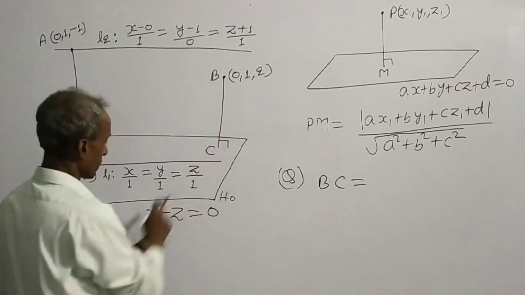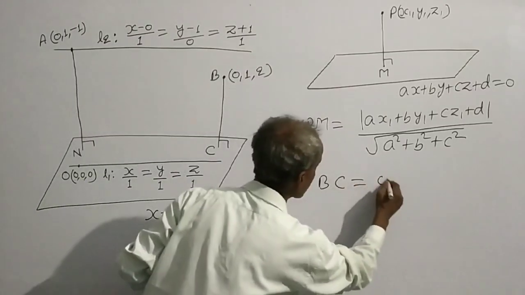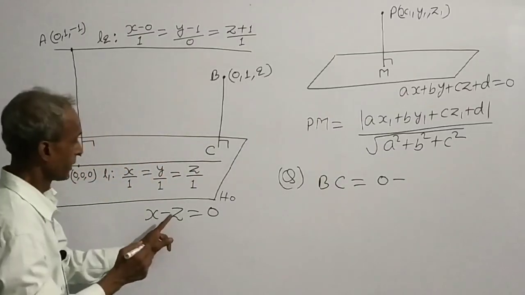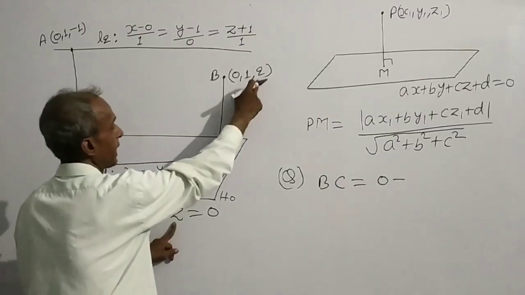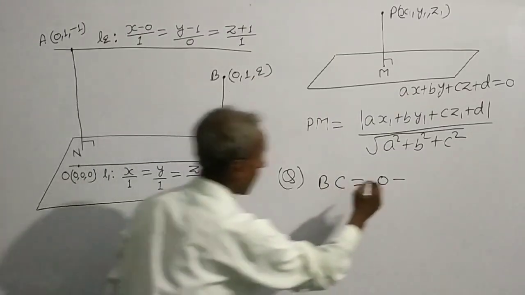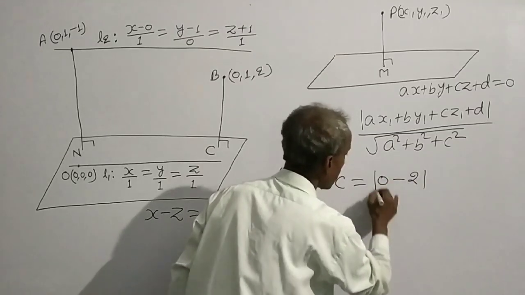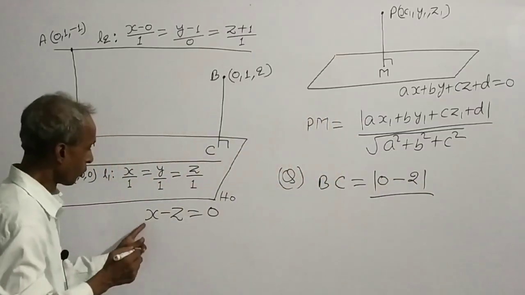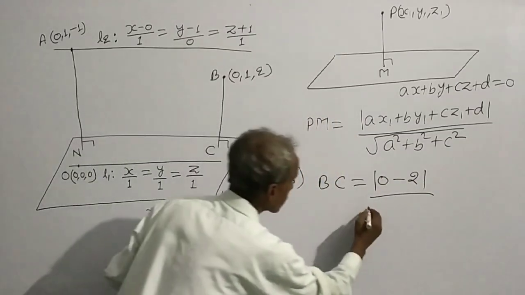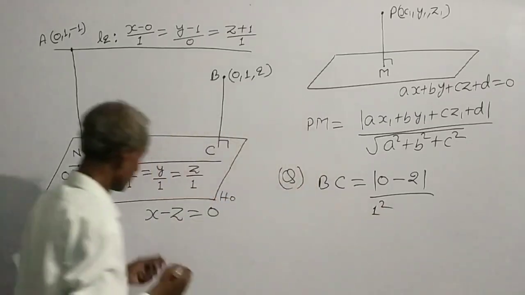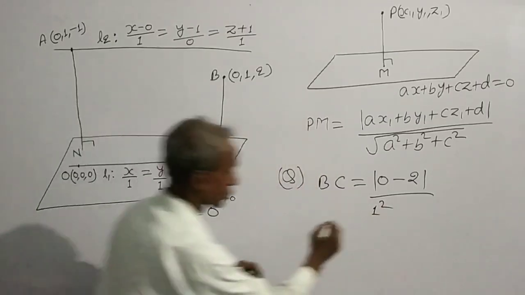Then it becomes 0 minus z coordinate in place of z, minus 2, mod, divided by the square root of 1 square plus minus 1 square.